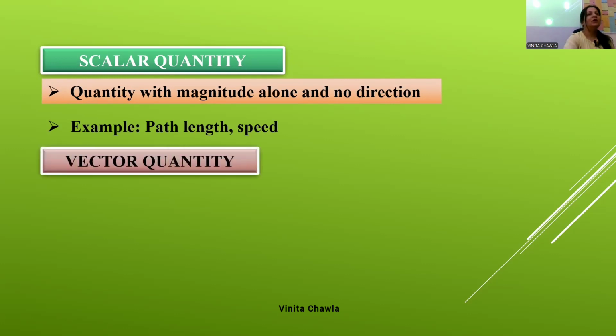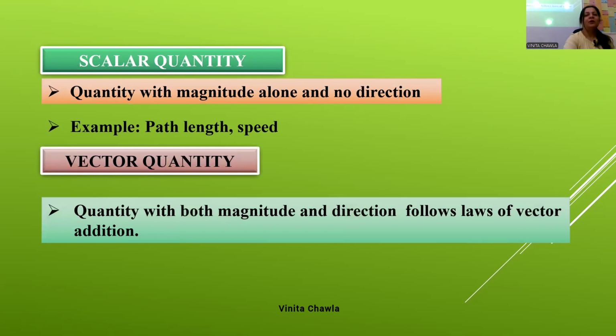While on the other hand, vector quantities are those where both the magnitude and direction are needed. Yes, displacement, velocity, acceleration, force, weight. So all these quantities are vector quantities, defined by both the magnitude as well as direction.